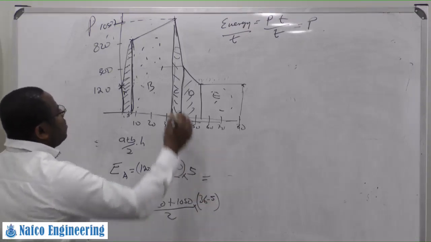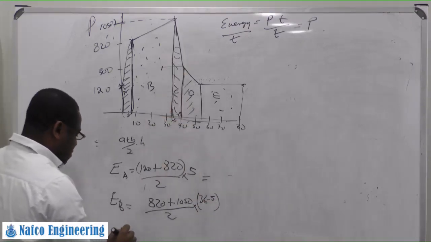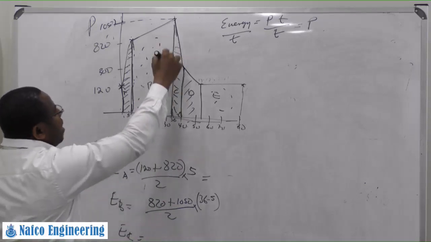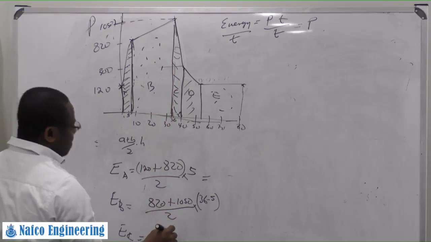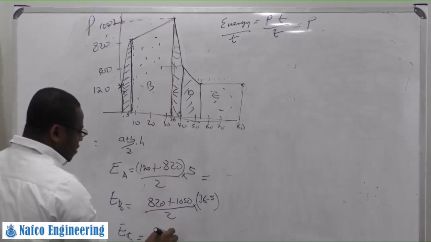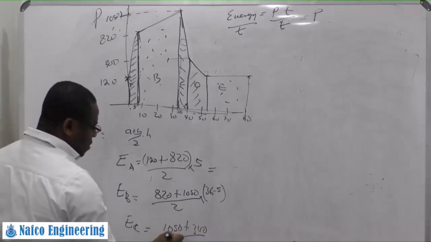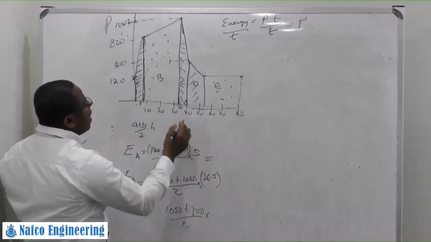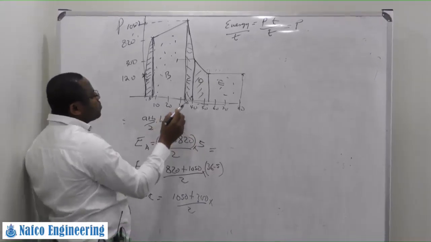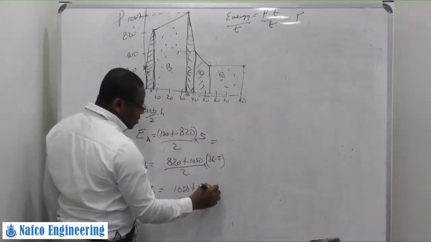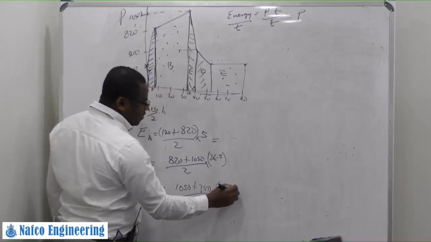Now energy C, sum of the adjacent sides, 1050 plus 300 divided by 2 times from here to here, 39 minus 36.